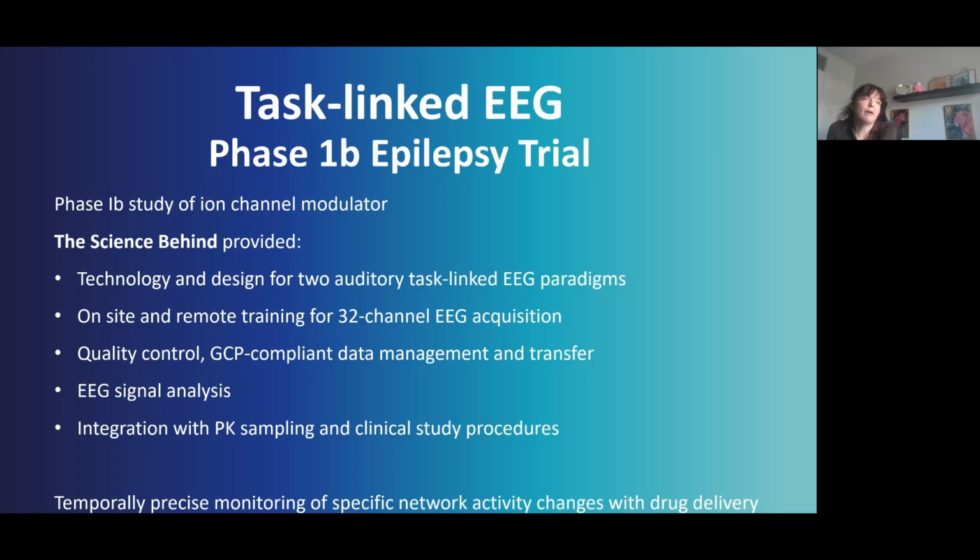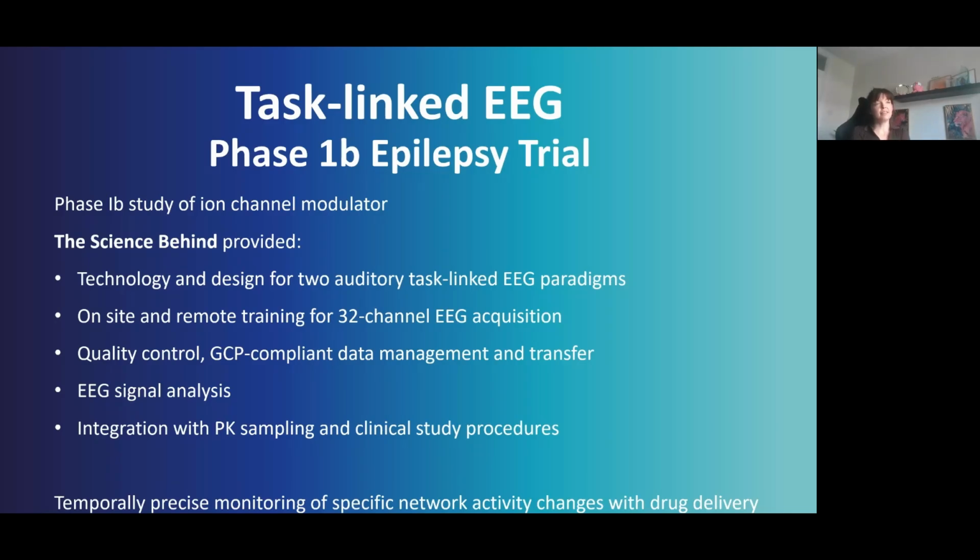And we also managed compliant data management and data transfer alongside subsequent EEG signal analysis. So we are able to provide customized signal analysis to extract, for example, the peak that you're looking at or the oscillation change you're looking at.